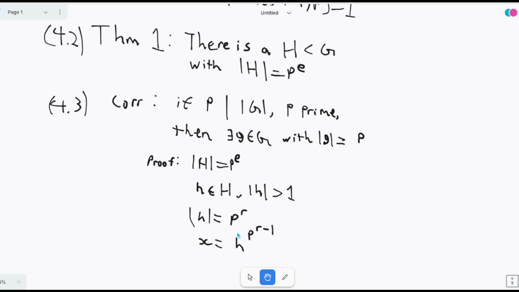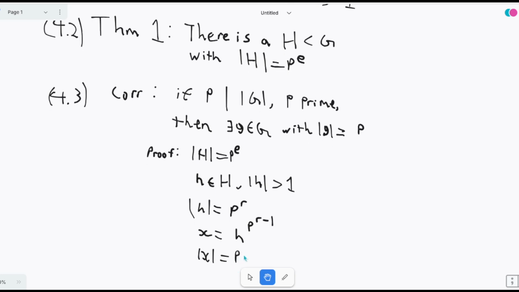The order of x will be p, because the order of h is p to the r, and if you raise x to the power of p, the exponents multiply and we get p to the r, and it will be 1.